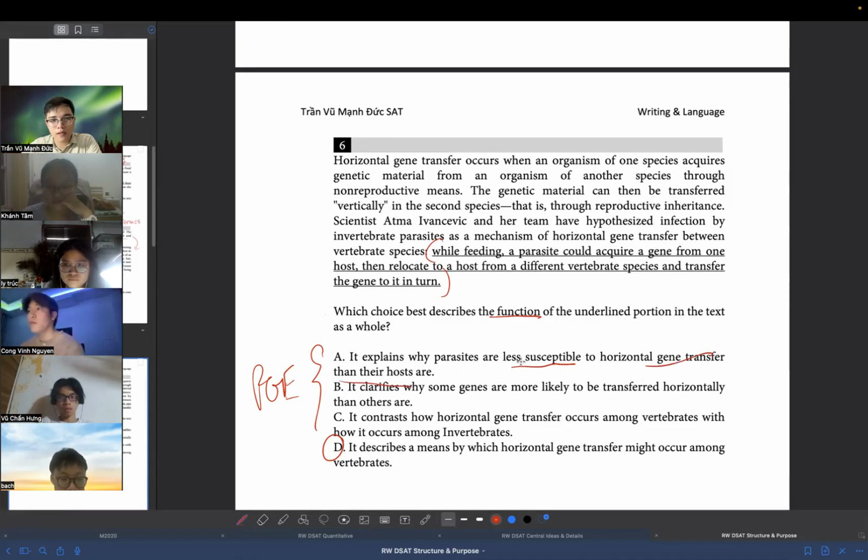Okay, let's see why it is not susceptible to horizontal gene transfer than hosts are. Feeding, a parasite could acquire genes from one host, relocate from different vertebrate species and transfer. Yeah, it doesn't even mention the horizontal gene. It mentions it here.